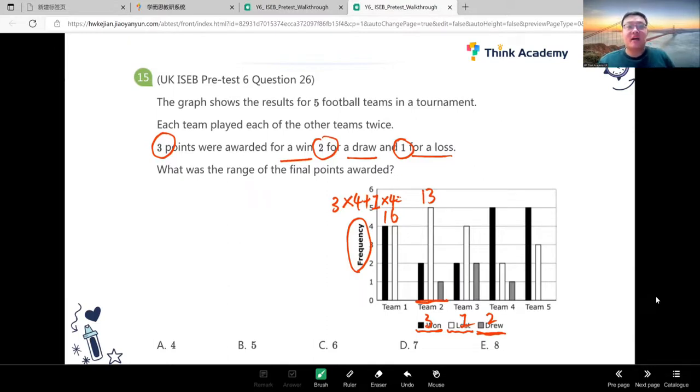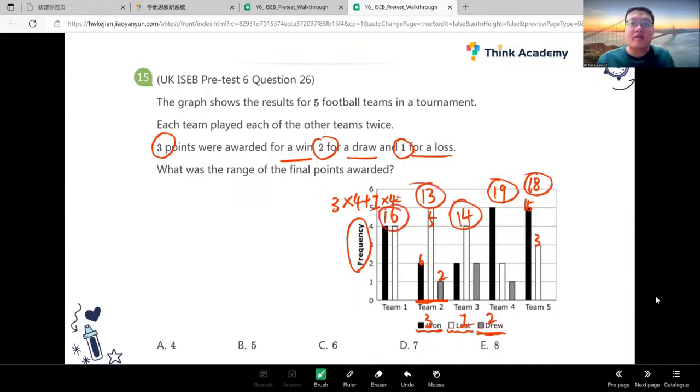Basically 3 times 2 will be 6, 5 times 1 will be 5, 1 times 2 will be 2, so 13. And the third one, team 3 gets 14. Team 4 is going to be 19, and team 5 will be 18. This one is 15, and they add 3, so 18 basically.